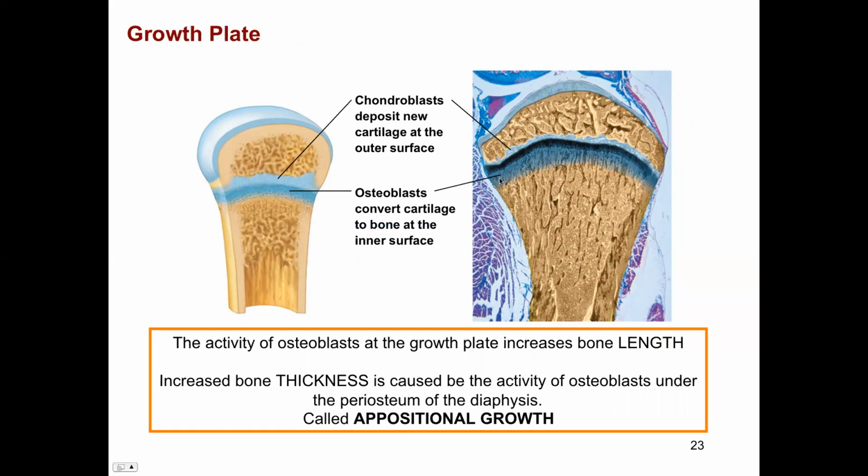If you looked here on this side, it's lengthening on the diaphysis side, you're going to have chondrocytes laying down new cartilage, and that will gradually become ossified as the osteoblasts get in here and harden it up. And remember, appositional growth with thickness along the shaft or diaphysis of the bone is caused by the cooperation of the osteoblasts and the osteoclasts.